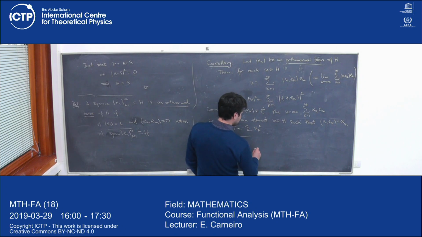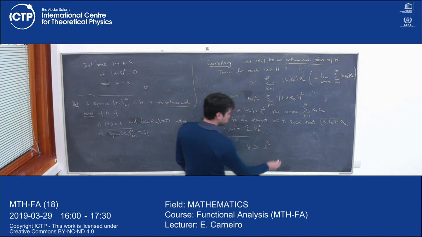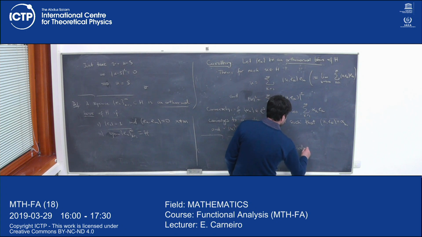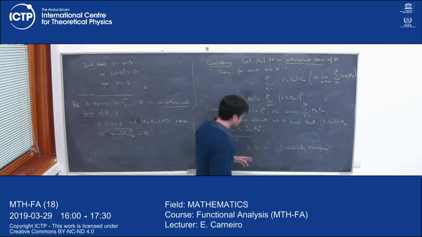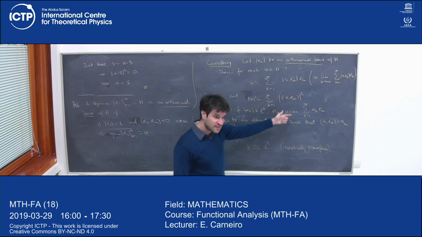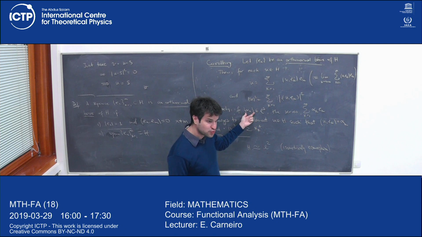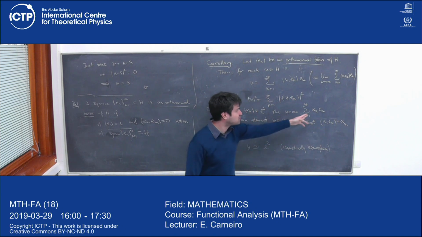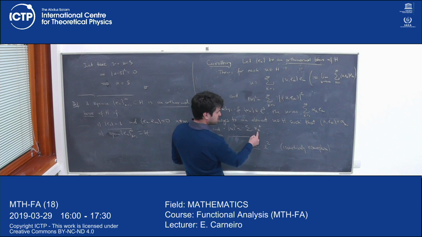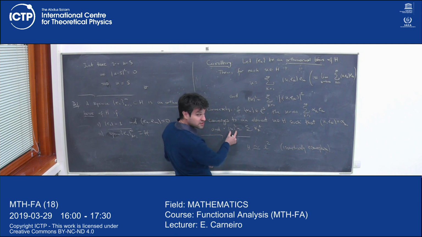This H is isometrically isomorphic to l2. Any element of H you can associate to a sequence in l2. These are the coefficients. And any sequence of coefficients in l2, you can associate an element in the Hilbert space like this. And the norm in the space of sequences is the same as the norm on the Hilbert space itself.